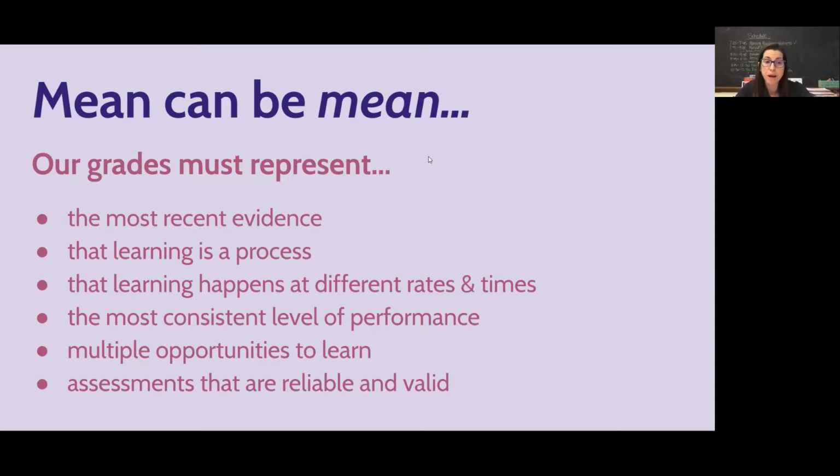Our classrooms must allow for multiple opportunities to learn and to demonstrate that learning. So the consequence for a student who fails to meet the standard is not a low grade. It should actually be more learning, right? And it should be an opportunity to grow, like you're giving them this opportunity for continuous improvement. And I think we're so afraid that kids are going to cheat or they're going to blow off the first assessment.